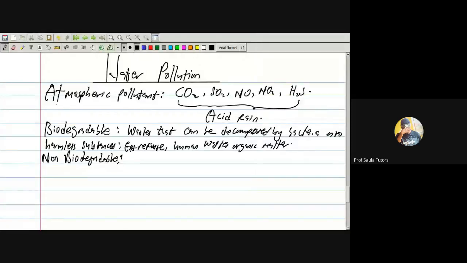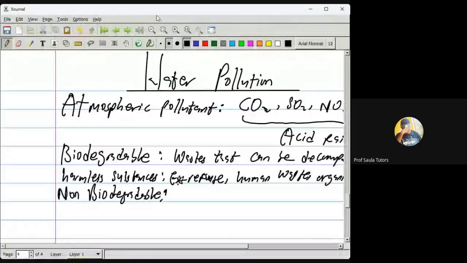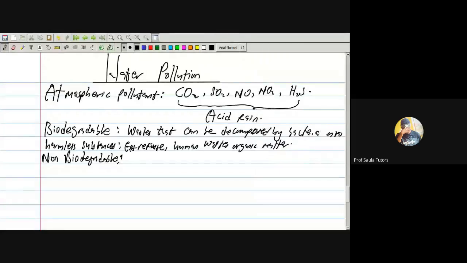So, atmospheric pollutants, acid rain, biodegradable. Non-biodegradable waste cannot be decomposed by bacteria, for example some industrial waste like plastics, metal scraps, chemicals, dyes.